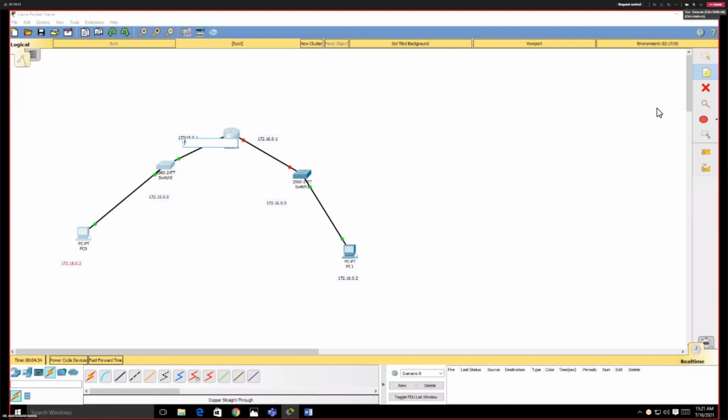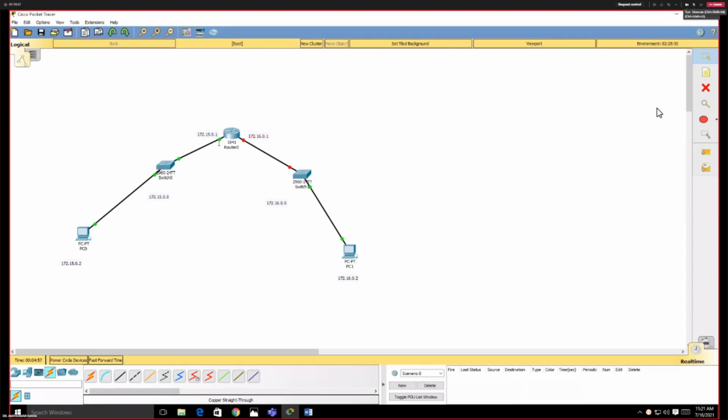172.15.0.1 is the IP address of the left interface of the router, and 172.16.0.1 is the IP address of the right interface of the router.